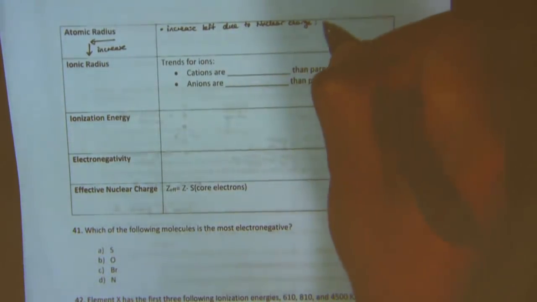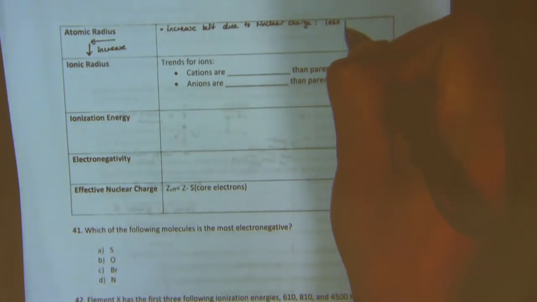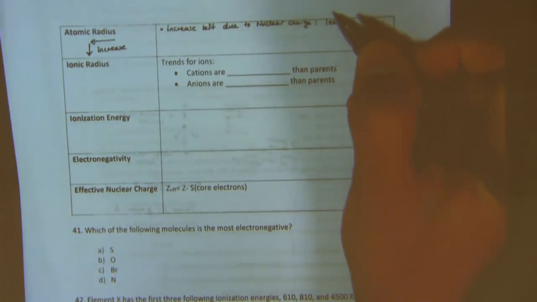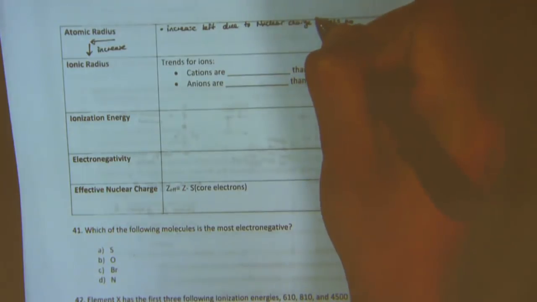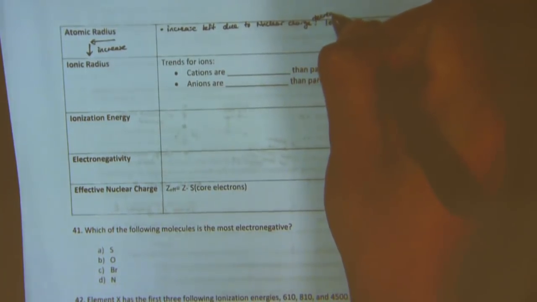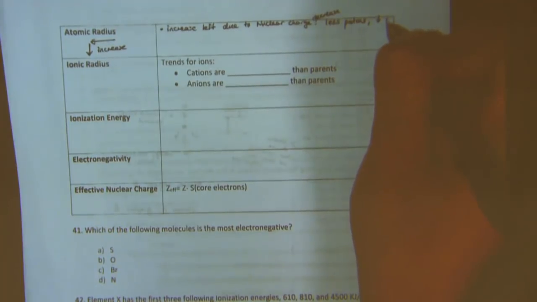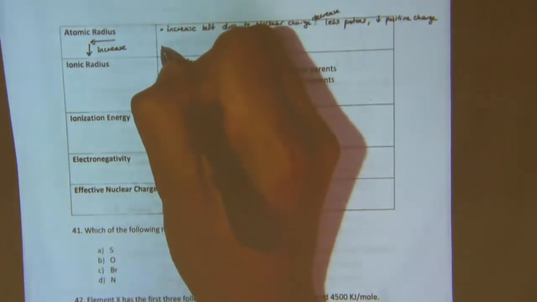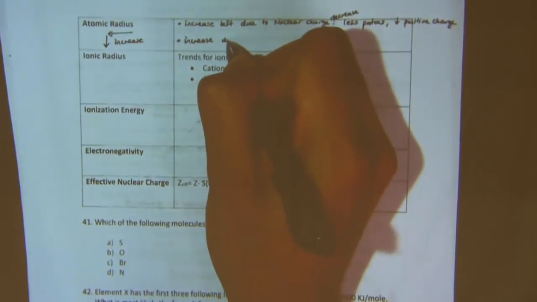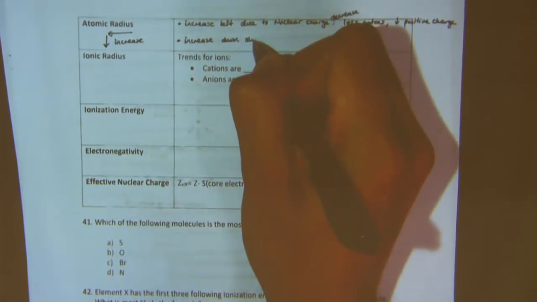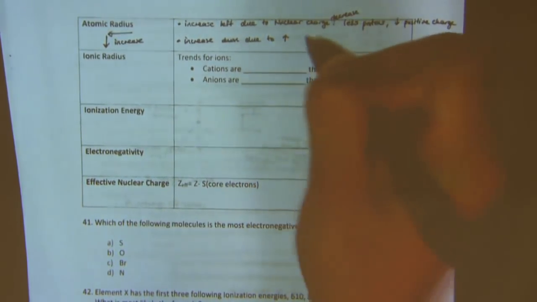As we go right, the nuclear charge increases, in that we have more protons and more positive charge, so the radius decreases. And it increases down due to an increased number of orbitals.